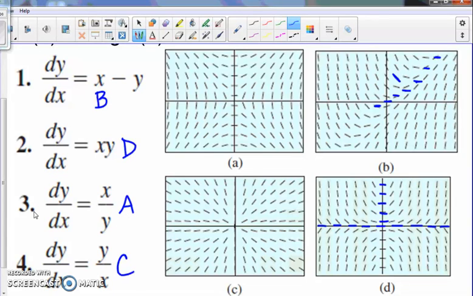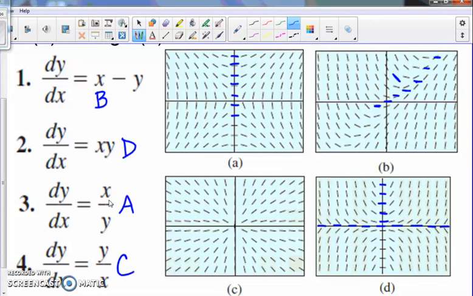With number 3, I said that it was A because when you have x over y, first off, anytime x is 0, the slope's going to be 0. Well, x is 0 on the y-axis. So there's another one that has no slope on the y-axis, which goes along with D, but there are some things that make these separate.